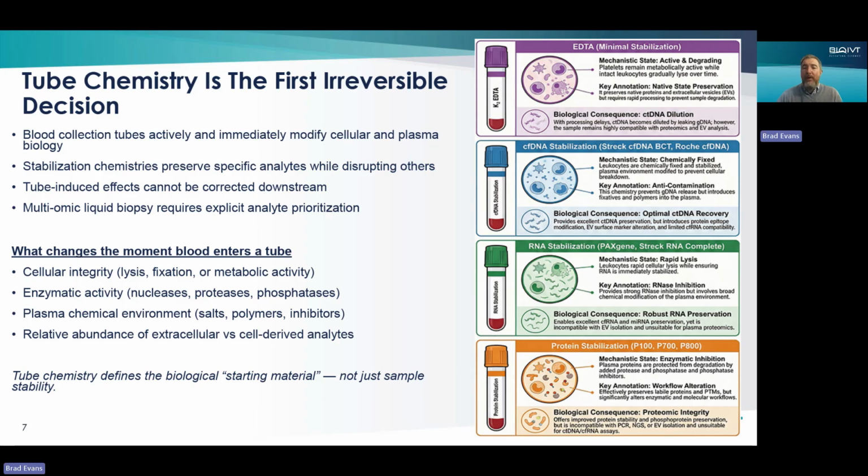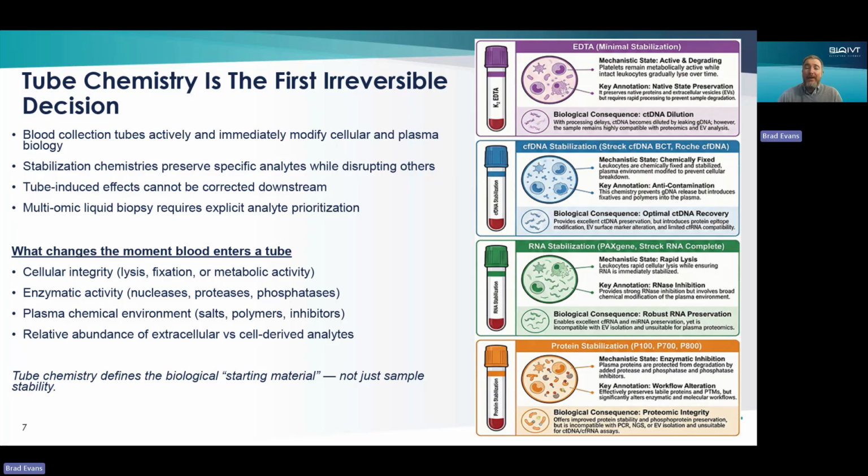Up to this point, we've talked about variability in the workflow. Now we arrive at the first truly irreversible decision point in liquid biopsy, and that is tube chemistry. The moment blood enters a collection tube, the biological environment changes. Tubes are not just passive containers. They actively and immediately modify cellular and plasma biology.